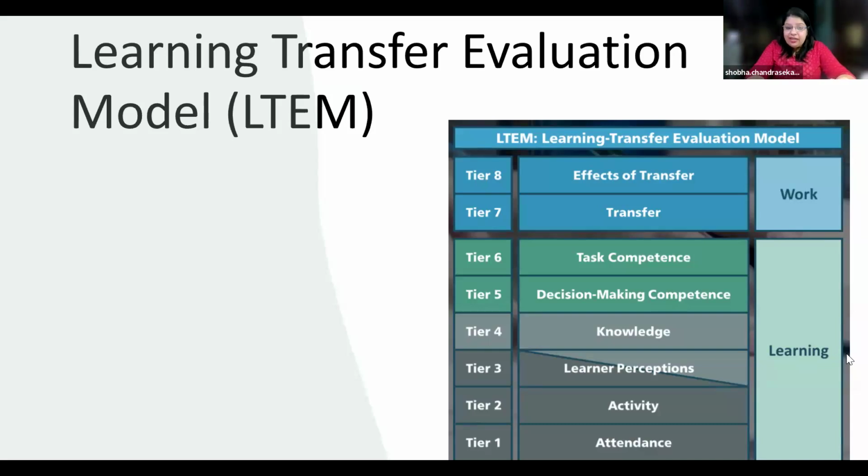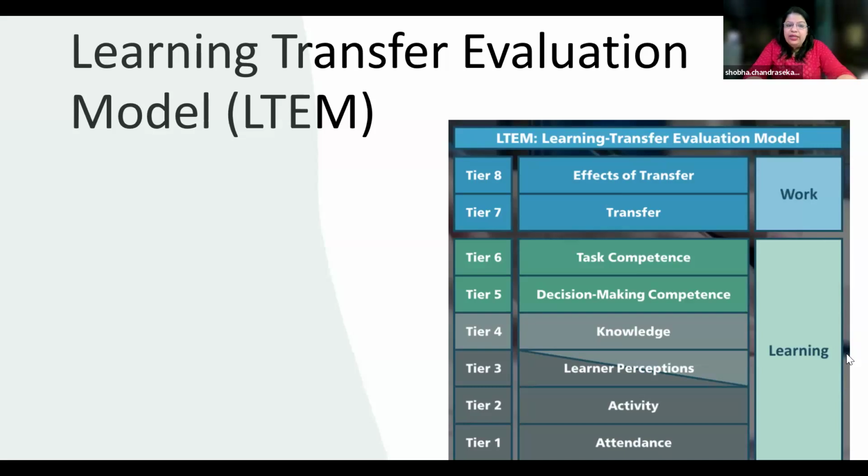The second level is activity, where participation in learning activities is tracked, whether the learners completed the assigned tasks or engaged with the training content. Third is the learner perception. This level measures learner satisfaction with their perception of the training. It often includes feedback on the content, delivery, and the trainer's effectiveness.